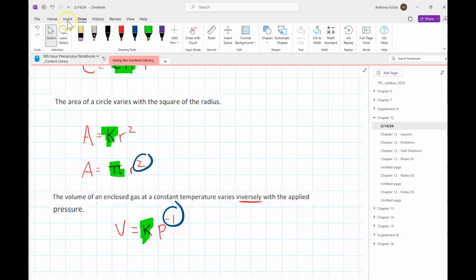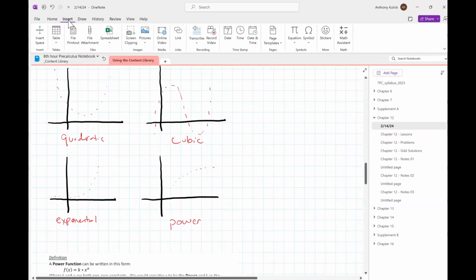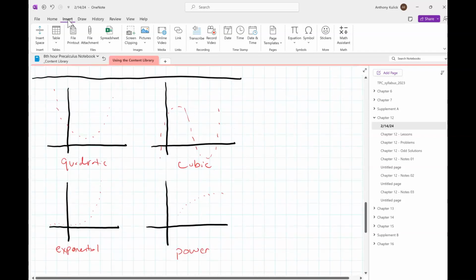So that's about power functions, but we have these other 4 possible regressions. And obviously there's more listed there, but we're not going to worry about anything past this really.